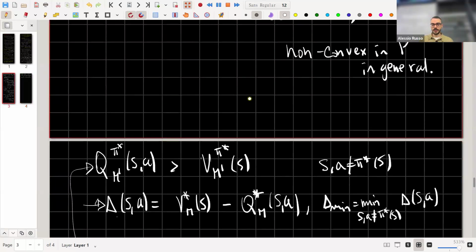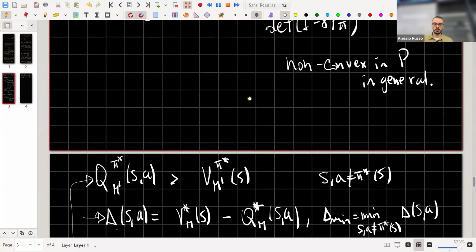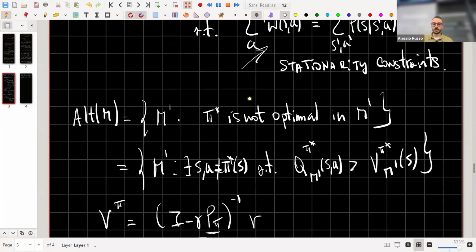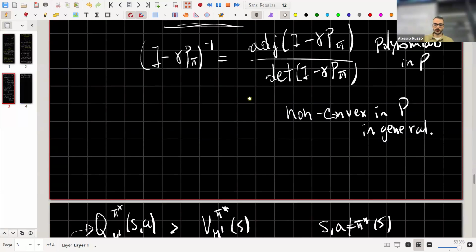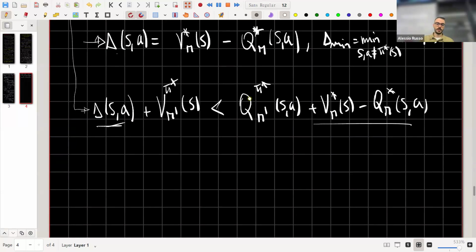And this dependency will turn out useful when eventually we lower bound this KL. Why do we want to lower bound the KL? Because if we lower bound the inverse of the characteristic time, then it becomes an upper bound for the characteristic time, which is what we want.